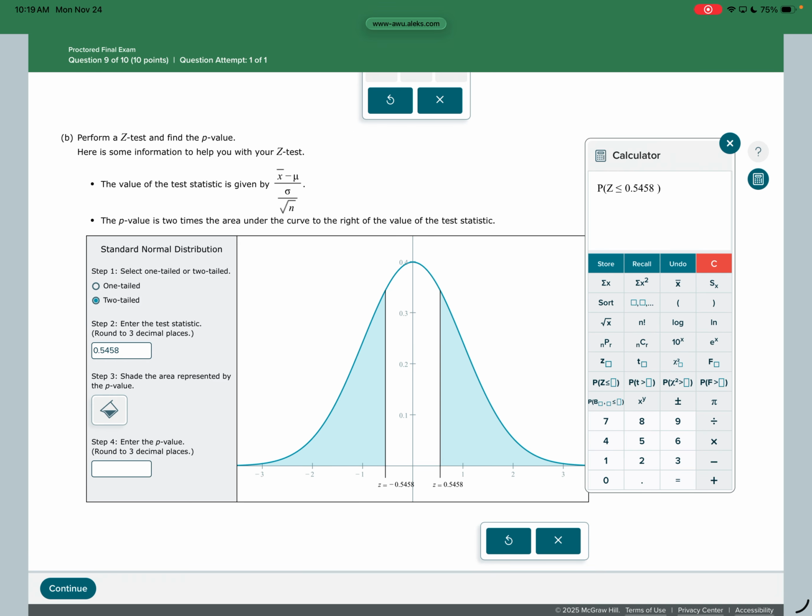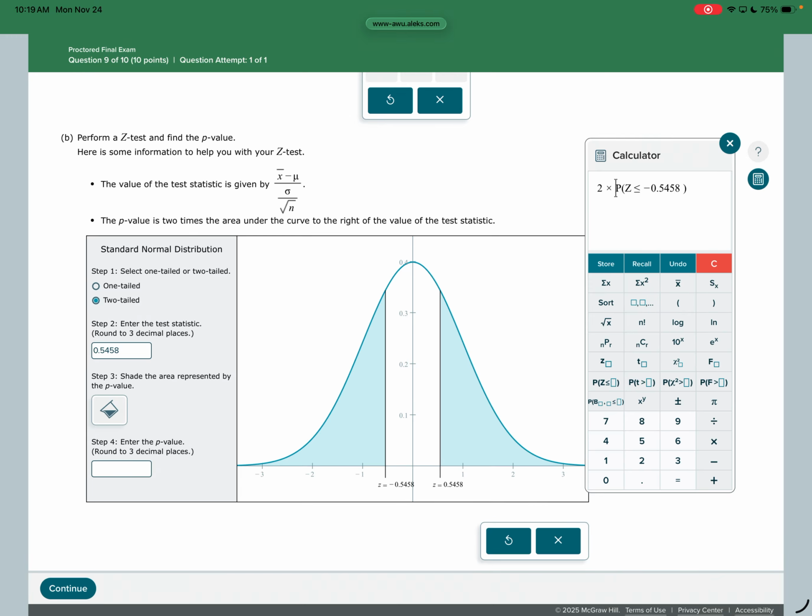I always just use the left tail, okay? If I'm only finding the left tail, it would be negative, right? The left tail is negative. See down here, the left one, negative 0.5458. So if I'm finding the p-value on the left one, it would be this answer, but everything's symmetric, so I'm going to take it times 2 because I need both of them. I need the left and the right.